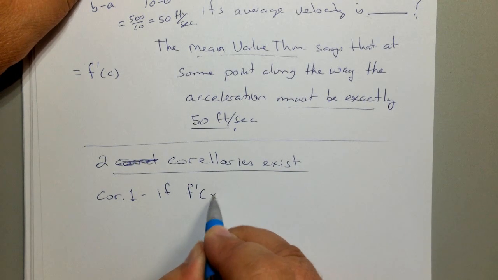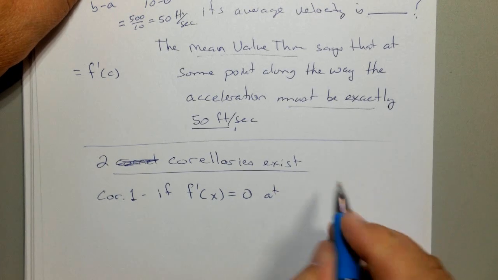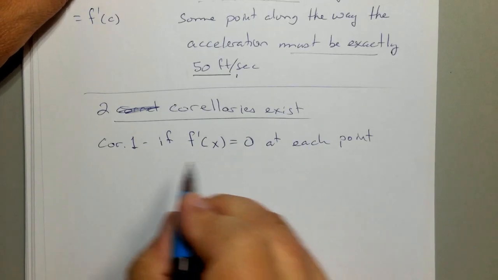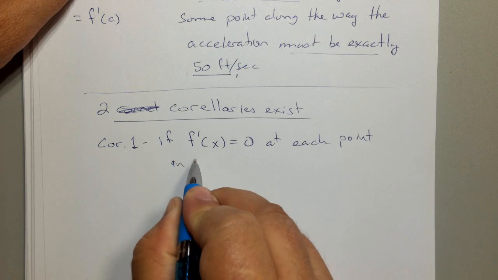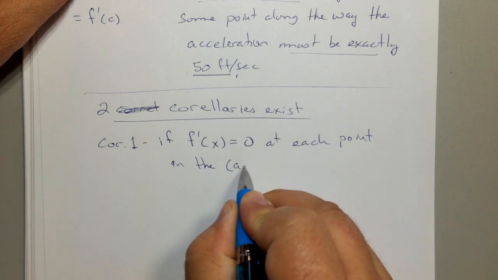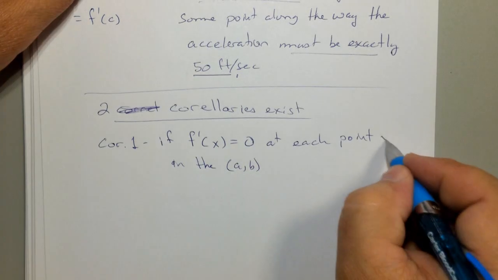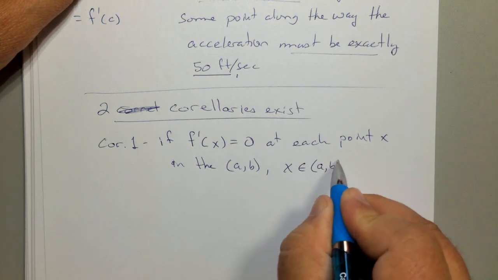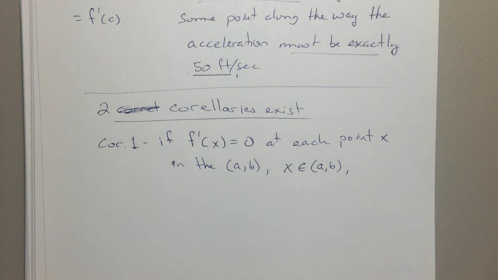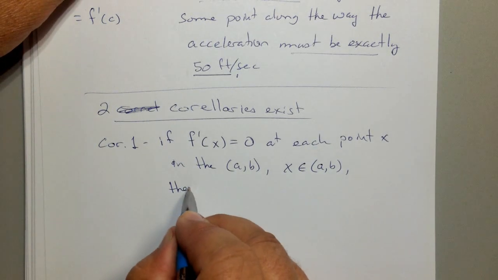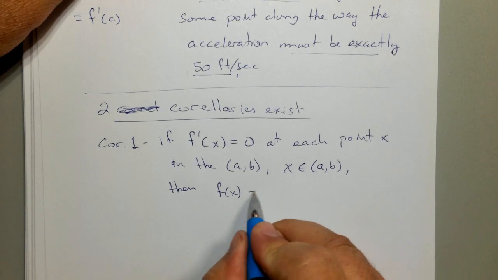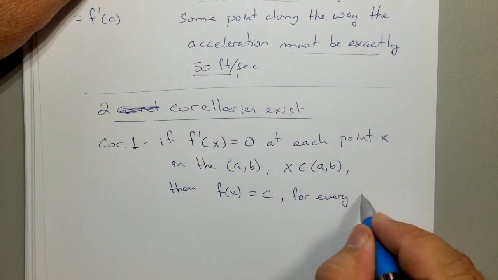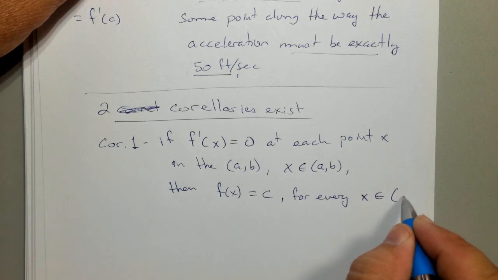If the first derivative is 0 at each point x in the open interval, so we say that x is contained in (a, b) at every point, then f of x equals c for every x in the open interval.